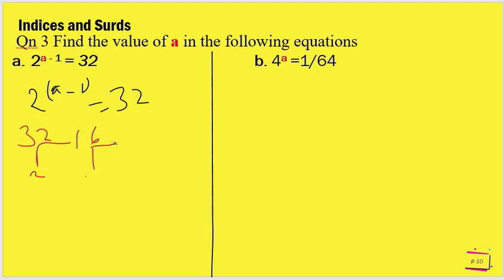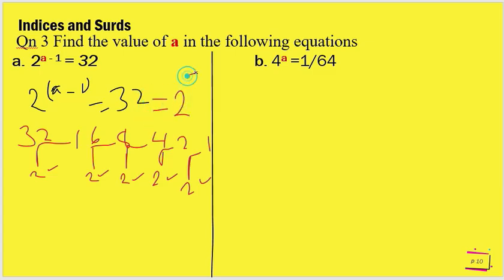Then 16 you divide by 2, you get 8. Then dividing 8 by 2, you get 4. 4 by 2 you get 2, and 2 by 2 you get 1. So how many 2's do we have? We have 1, 2, 3, 4, 5. So therefore this can be written as 2 power 5.